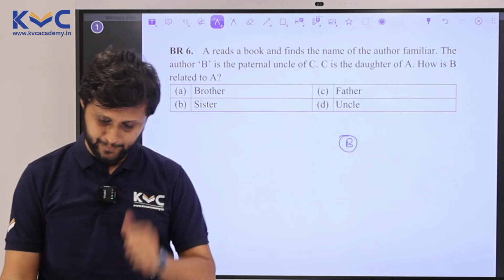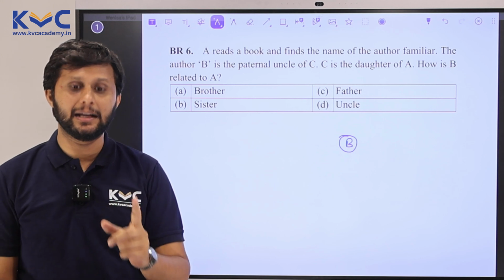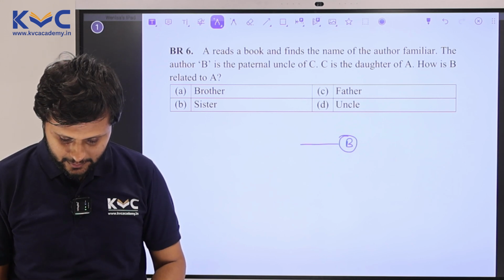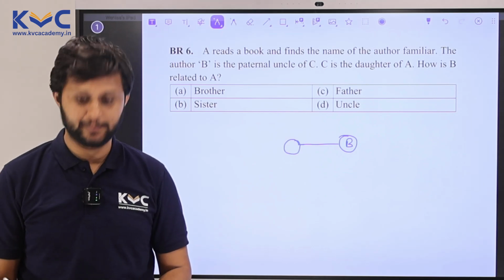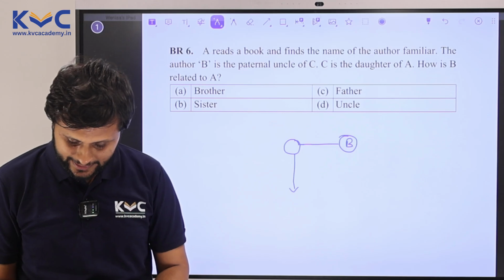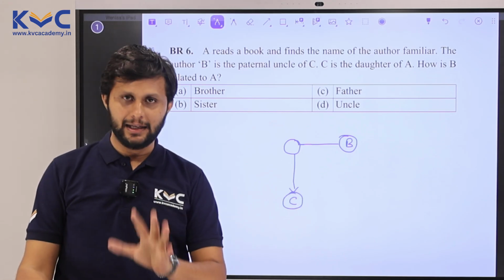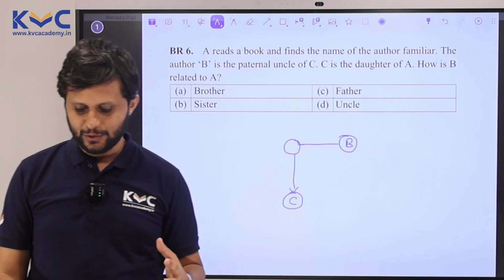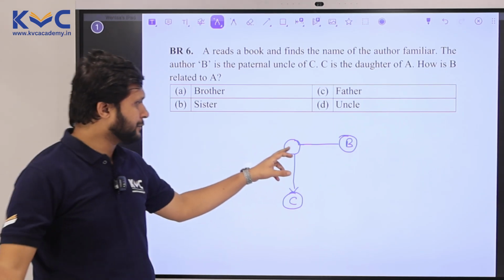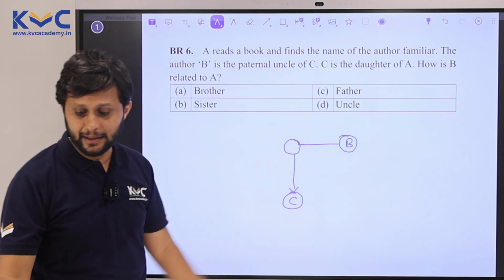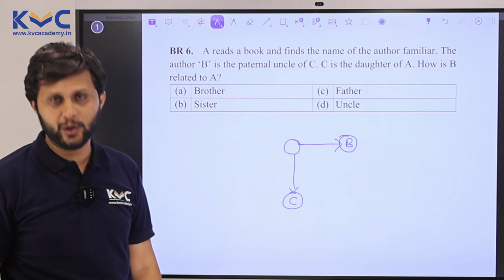This person is the paternal uncle of C. So there is one person over here and one person over here is C. Basically uncle. Now what is paternal? Paternal means father's side. So there is one person over here, father of C, and B is his brother. Correct? That's how we know, because it is uncle.